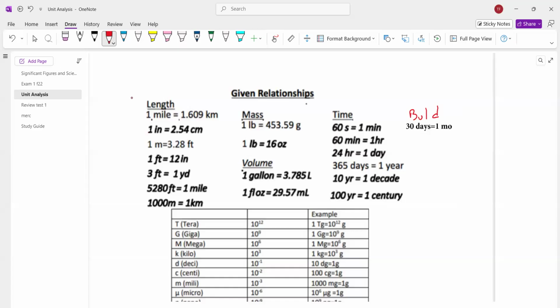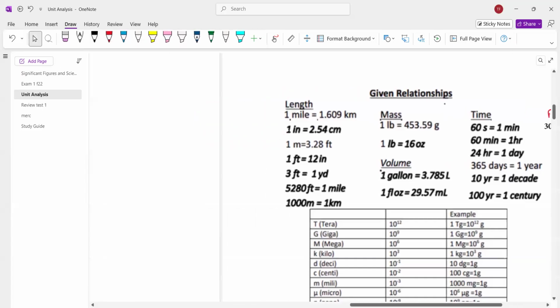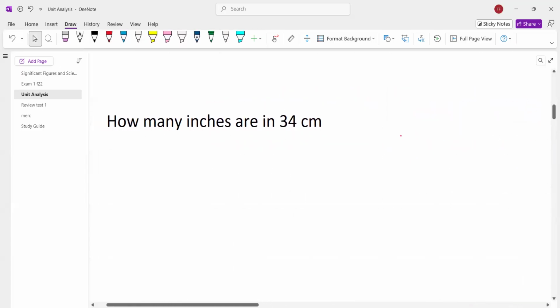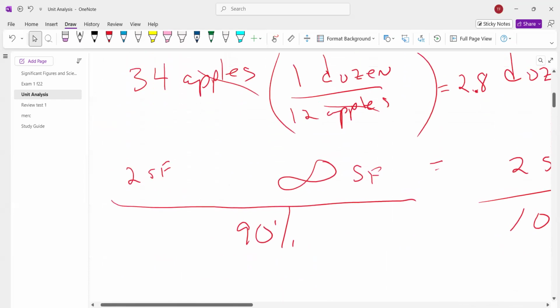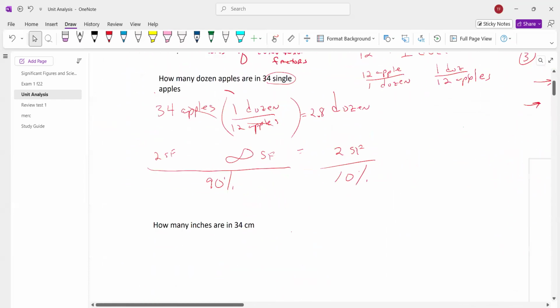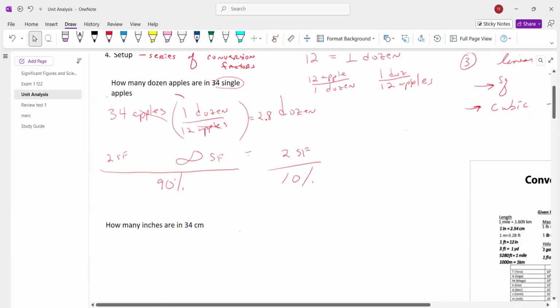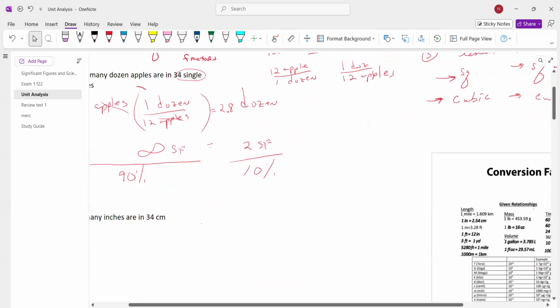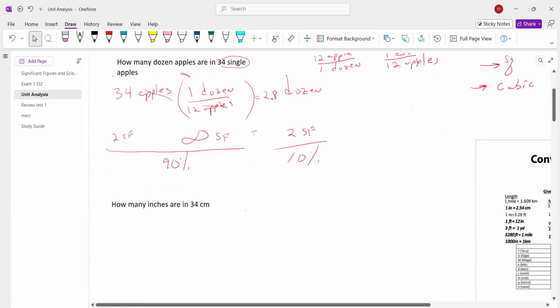So you're welcome to use either one, because they're basically the same thing. I just thought mine was easier to read. Okay, so we're all okay with this apples to dozen, right?